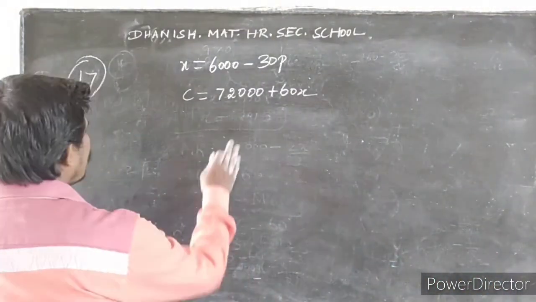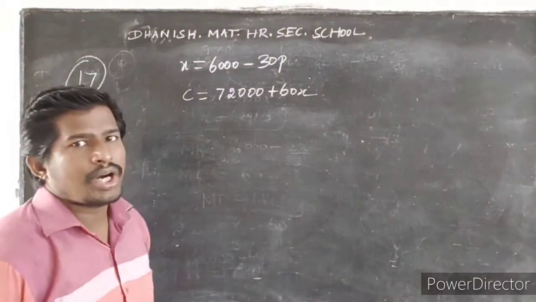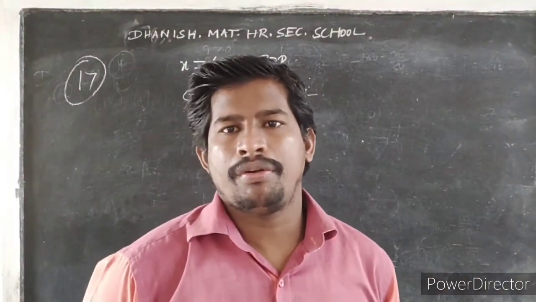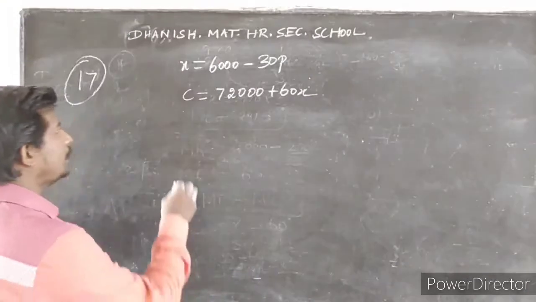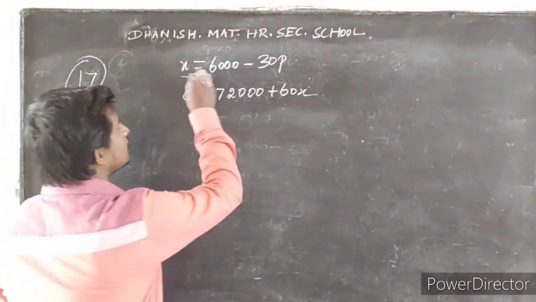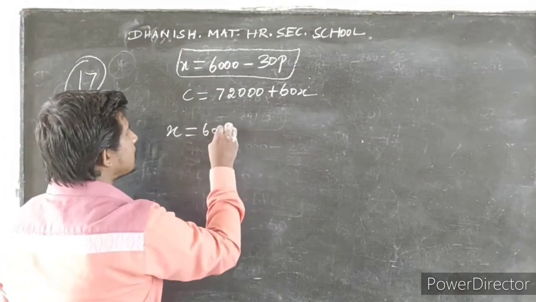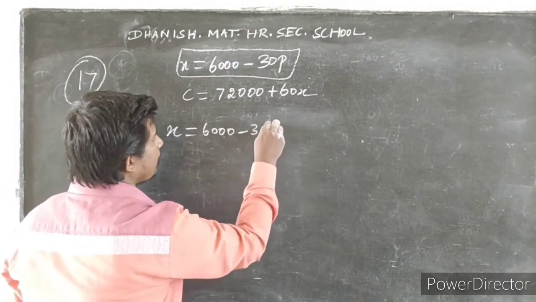So we are going to find the marginal cost and marginal revenue. Before finding the marginal revenue, we should know what is revenue. So revenue equal to p into x. So we should know the value of p. So from this I am going to find p. So x equal to 6000 minus 30p.